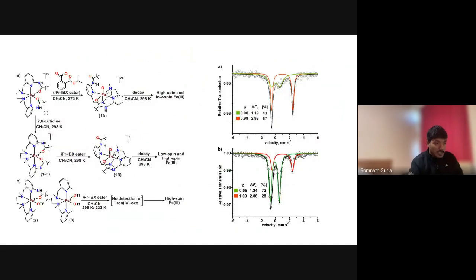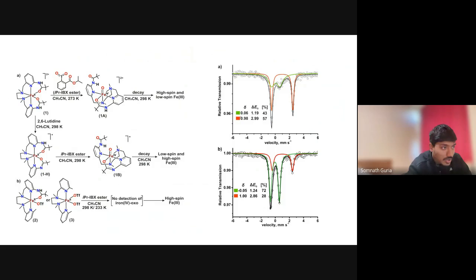Okay, in the mechanism, they are saying this iron(II) generally takes, iron(II) to generate this iron(IV) oxo species by this oxidizing agent. This is iodosylbenzene ester. It can oxidize this iron(II) system to iron(IV) oxo, and then this iron(IV) oxo is actually monitored by Mossbauer spectroscopy.